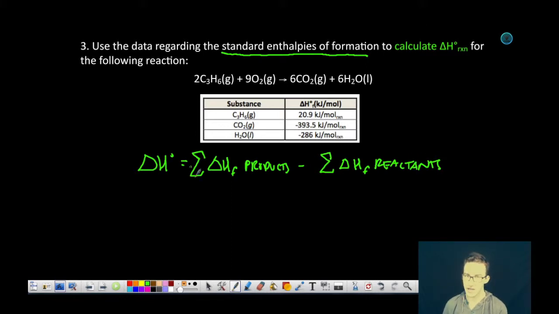And as we take a look, our products are here and our reactants are here.